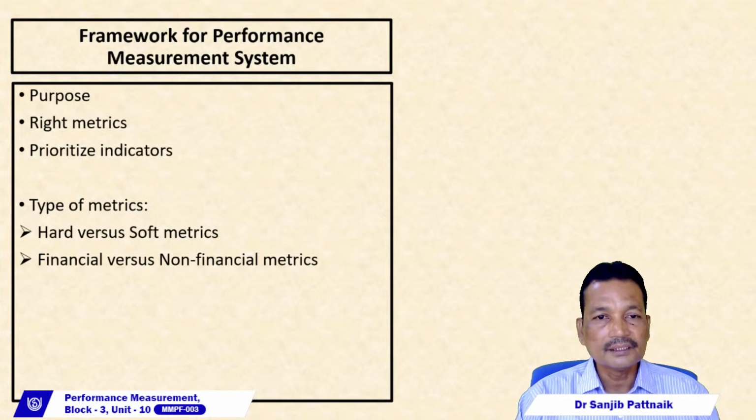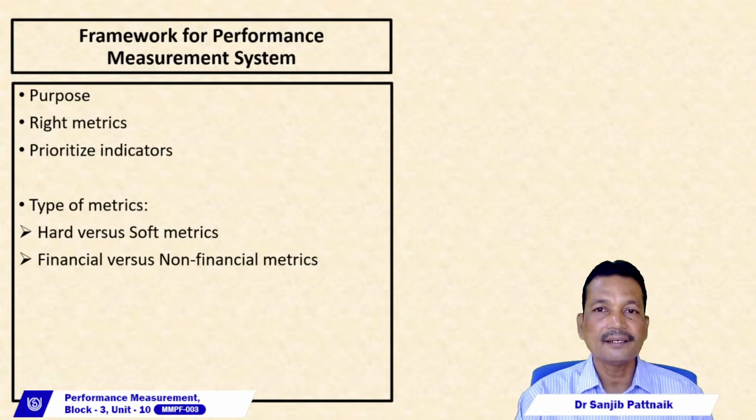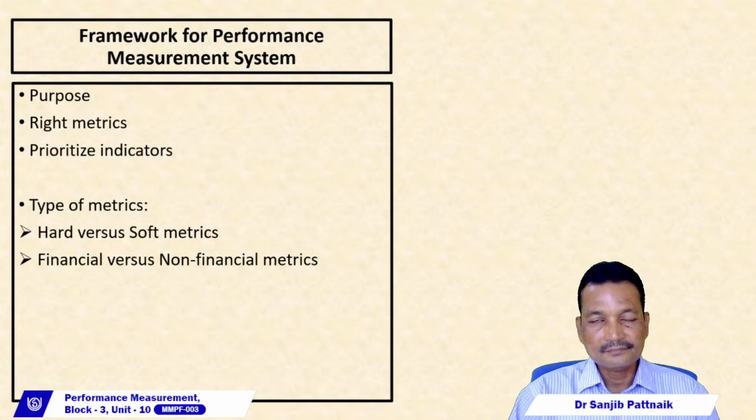So, these metrics which can be shown in numerical terms in exact form are called as hard metrics. In opposite to that, we also have soft metrics.